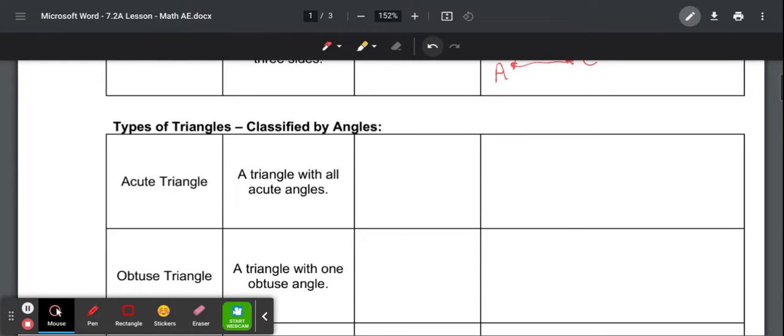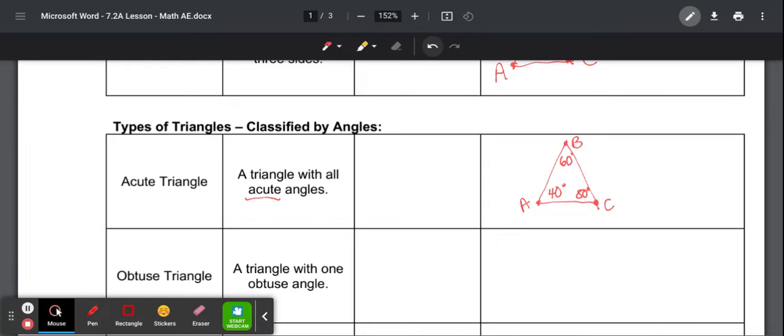An acute triangle has all angles that are acute angles, so all of the angles are less than 90 degrees. For example, I could have triangle ABC again, and I could have angles 60, 40, and 80 degrees.